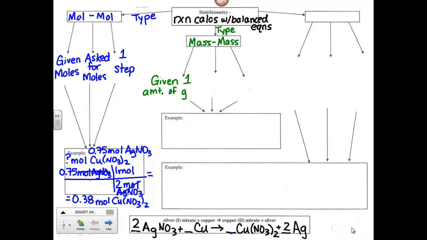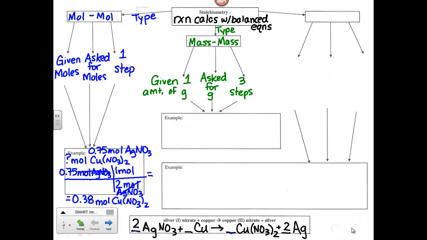For a simple mass-to-mass problem, we were only given one amount of grams. Then, as you might expect, the question would also ask you for grams. And these are the calculations that take 3 steps beyond where the given information goes. So these are our 3-step problems.